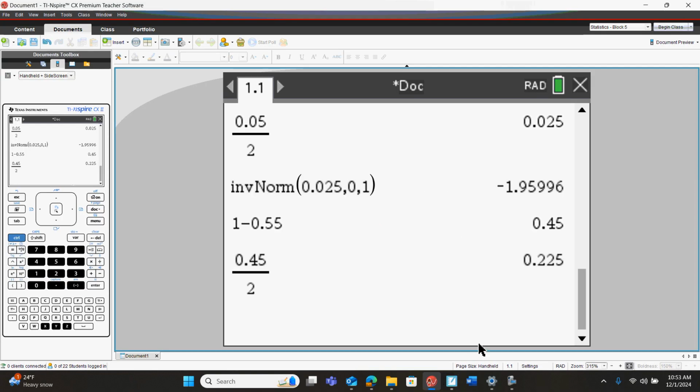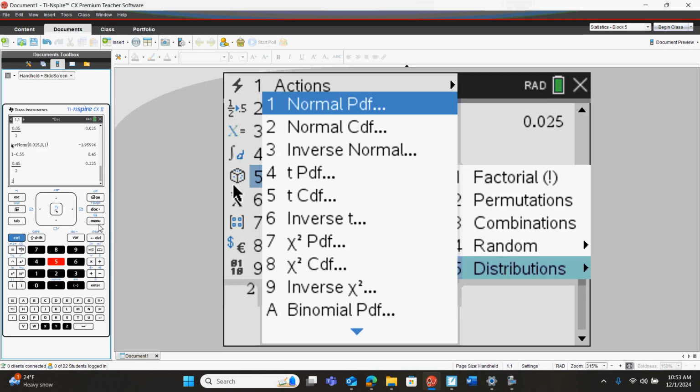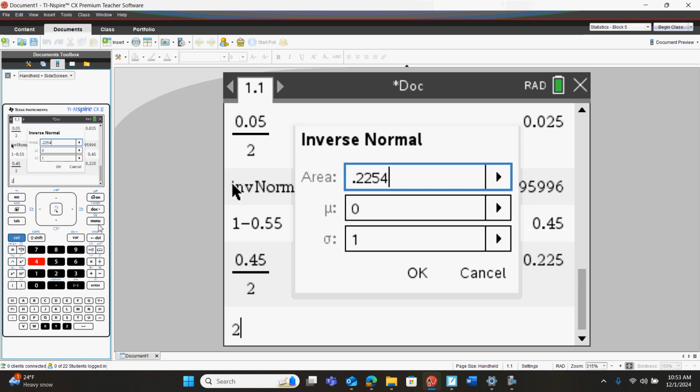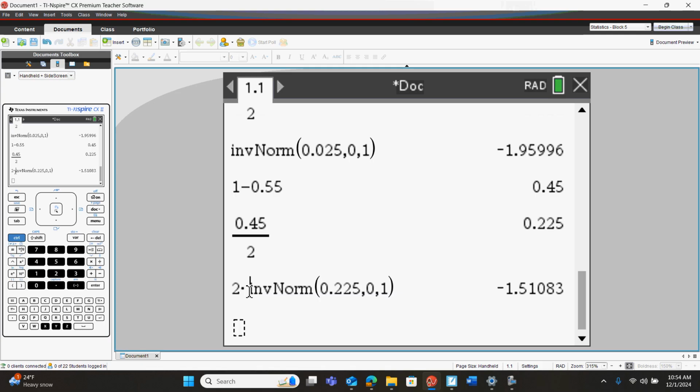While switching back to the calculator, oops, I don't want to multiply it by 2. Ignore that. Pretend I didn't type that in.